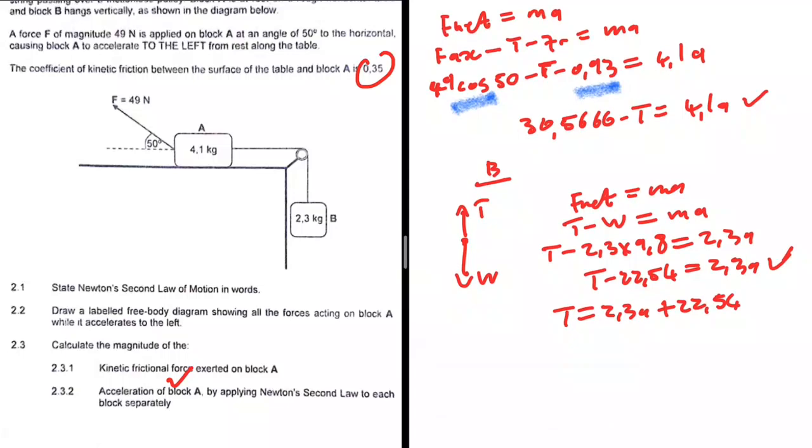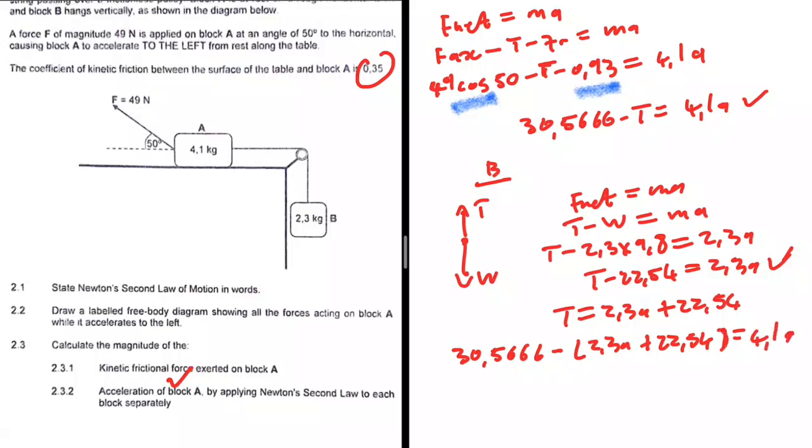So if we substitute this T in equation 1, we get 30.5666 minus the tension, which is 2.3a plus 22.54, is equal to 4.1a.